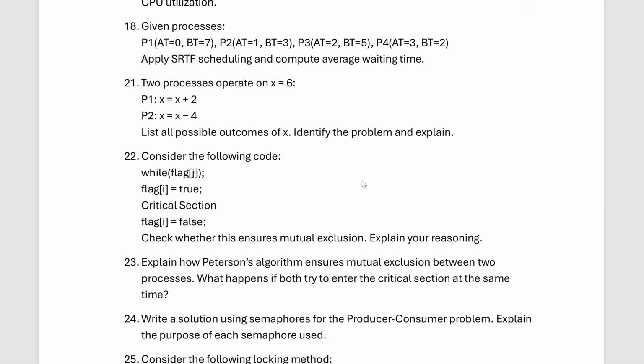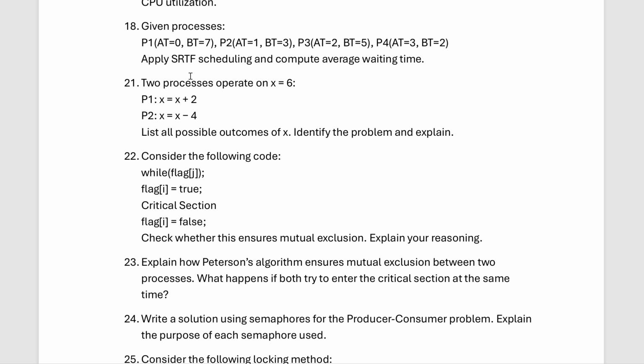Now we come to question number 18. Again, we are given processes P1, P2, P3, P4. Arrival time and burst time have again been given to us. Earlier, in the previous question, I told you SRTF is shortest remaining time first, that is the preemptive version. Preemptive means that we have to preempt the process.